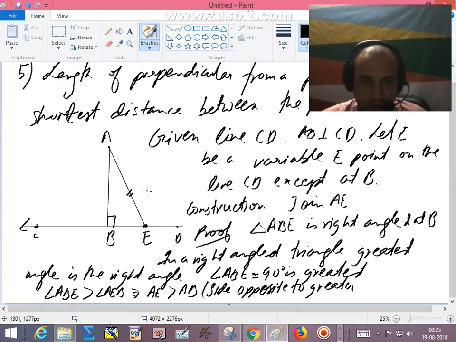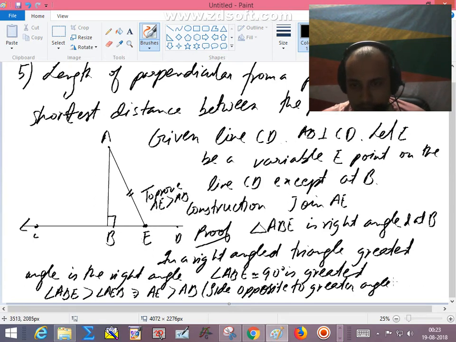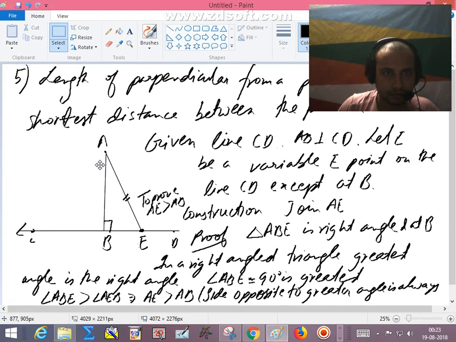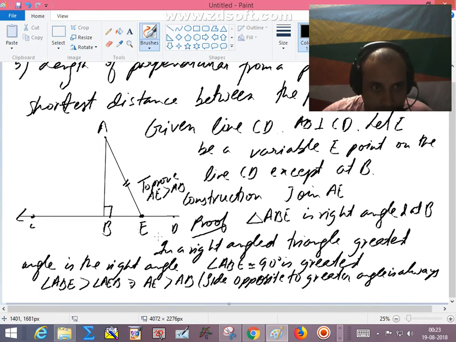Oh, okay, I forgot to write down the proof part. To prove is simply AE is greater than AB, right? So the side opposite to the greater angle is always greatest. Right?